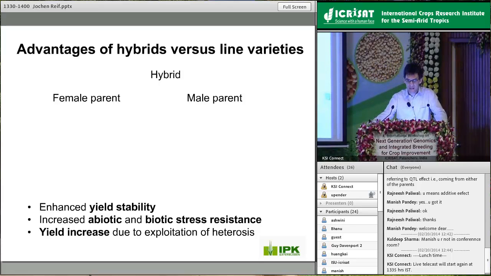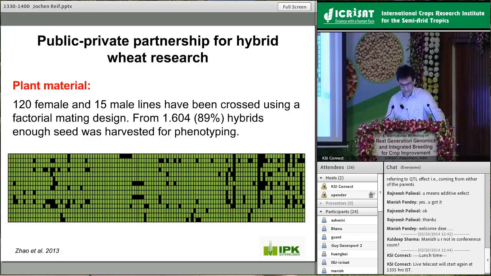While hybrid breeding has been successfully implemented in most outcrossing species, it's still lagging behind in selfing species such as wheat or barley. That stimulated us to perform a public-private partnership project to investigate the potential for hybrid wheat breeding.